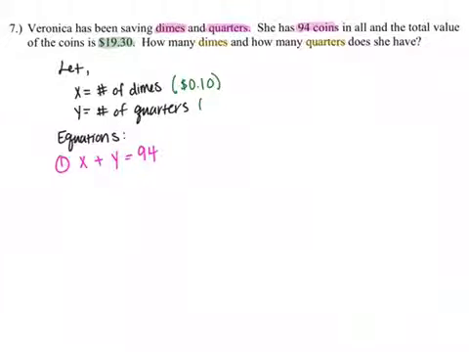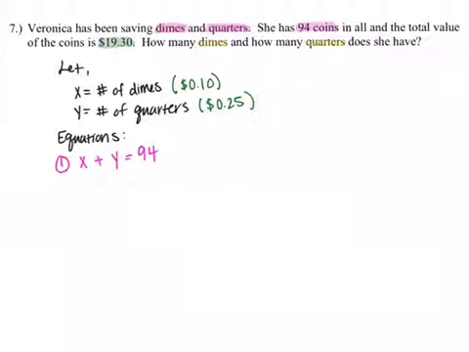A quarter is 25 cents, in other words, 0.25. So using that information, if I want to know how much money my dimes are worth, I would multiply my X, the number of dimes I have, with 0.1.